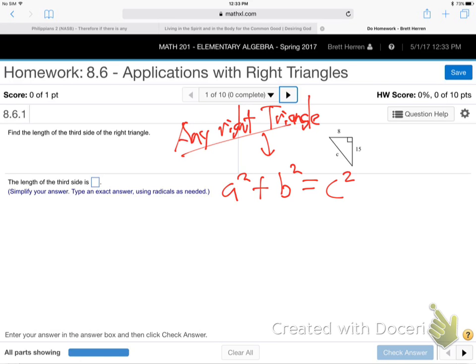C has to be the hypotenuse, which means it's the longest side. You can tell C is the longest side here, huh? So the other two are the 8 and the 15. Doesn't matter what order you put them in. That good so far?